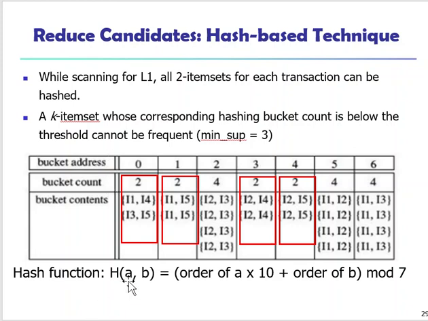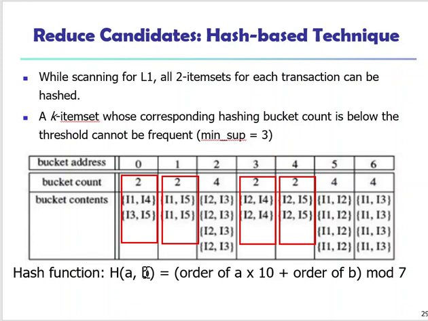So if we give it a 2-itemset, this hash function is going to generate a hash value, which in this graph is labeled as the bucket address. Because we use mod 7 as the hash function, the hash value can only be from 0 to 6. So we have 7 buckets to save those inputs.